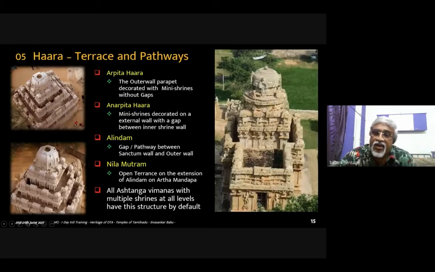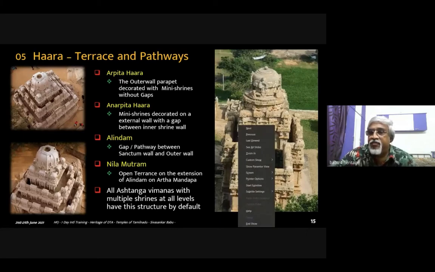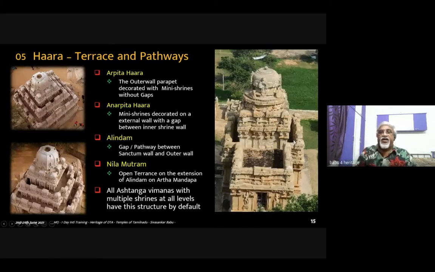You can see that the Hara is separate, and the inner temple wall is separate. That's why in the color coding design, in the last one, I color coded violet for the inner shrine wall, and for the Hara, I have color coded it differently. So this is another interesting example of how pathways can be on top of this Hara layer.